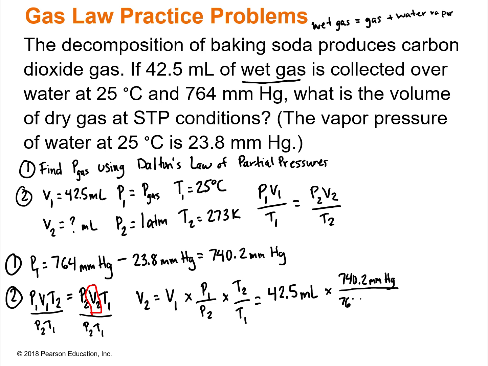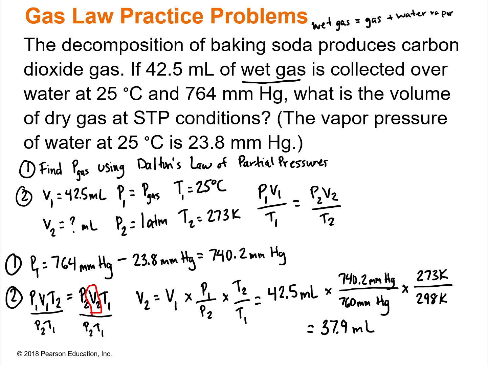That's the same thing as saying 760 millimeters of mercury. Then T2, STP, that's 273 Kelvin. And our T1 is 25 degrees Celsius. That's 298 Kelvin. When you do all that math, you should get 37.9 milliliters.